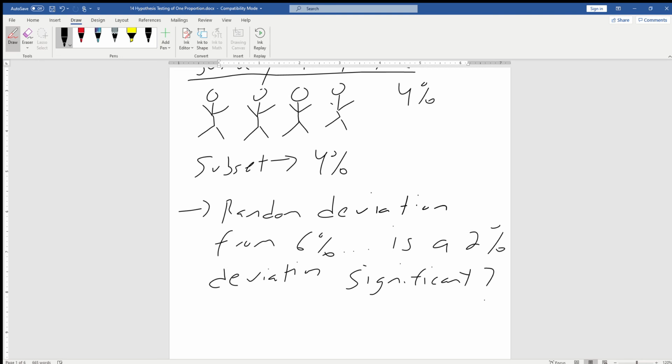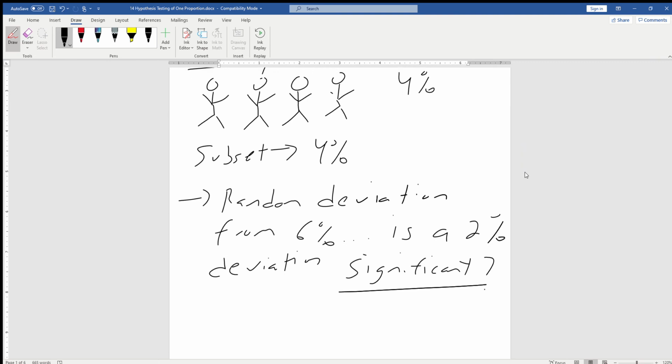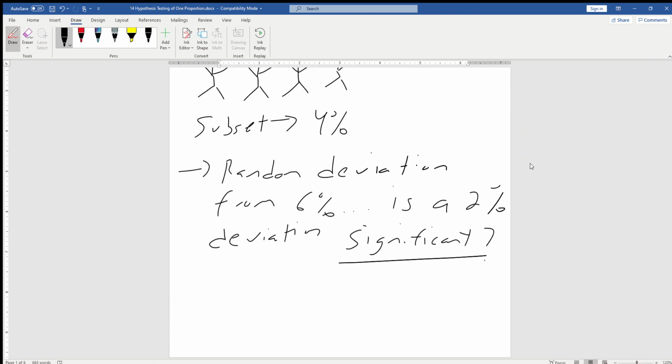So that's the question that we're trying to answer. All right. If I did this test again, I might get something different. And in fact, let me do it again just so that way we can see what would happen. So in one study, we got 4%. Okay, so is a 2% disparity significantly different? All right, so let me run this again, and we'll see what happens.